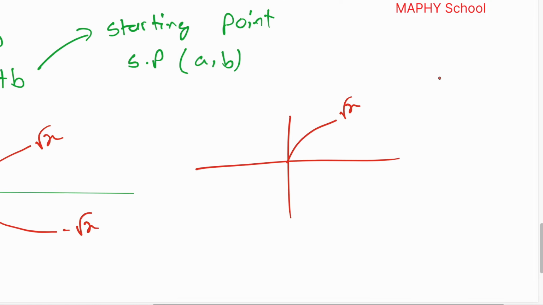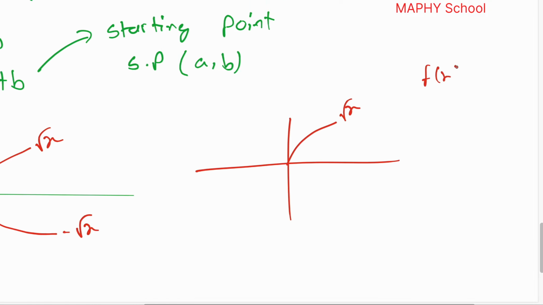Okay, so for example f of x is equal to root x, and I have asked you to draw minus f of x. So you know the transformation rule. Here the minus sign is outside, that means there will be a change in y. So we all know if there is a minus sign outside, it will be reflection on the x-axis.